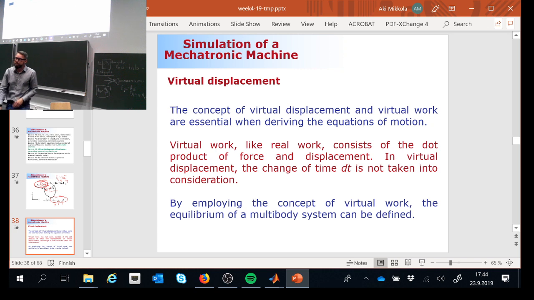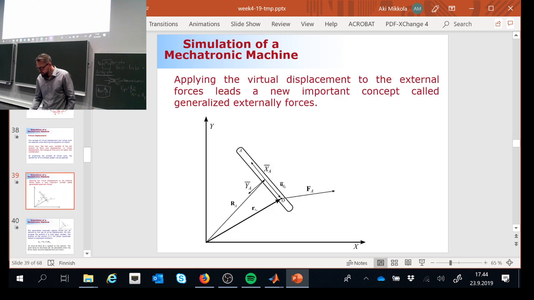It's misused because there's a certain condition that you have to fulfill in order to find the dynamic equilibrium. We're going to take a look at these conditions a bit later, but today we are only worried about how to express the forces by using generalized coordinates. Okay, so now how it goes.